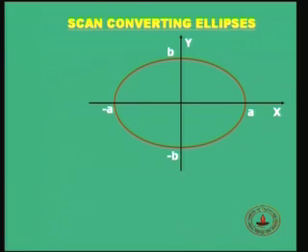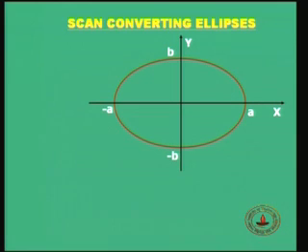We know how to do two-dimensional transformations and then put it at any point in 2D space. As you can see, the ellipse intersects the x-axis at 2 points in the positive and negative direction, and also the y-axis in the positive and negative direction.